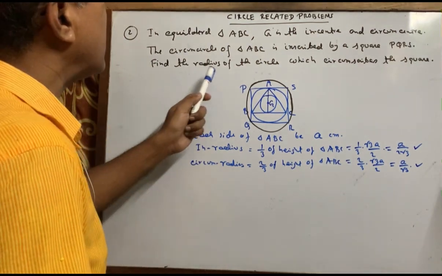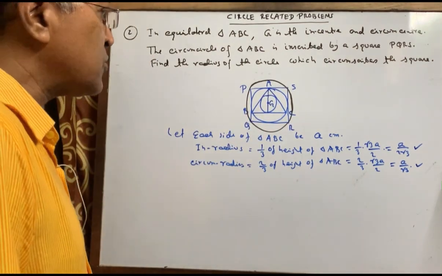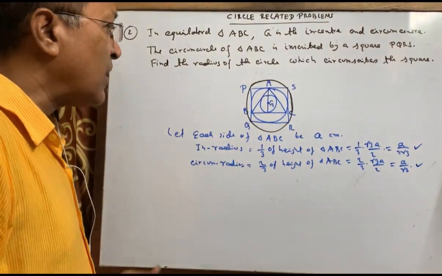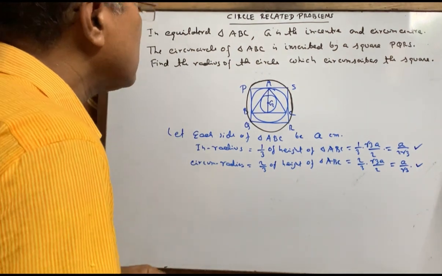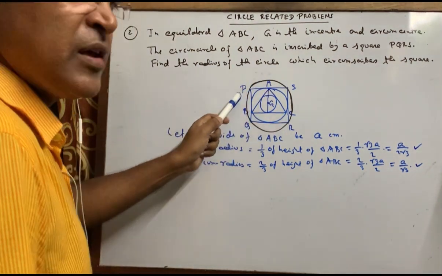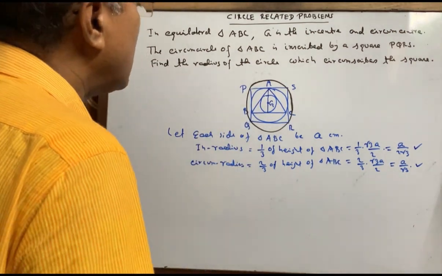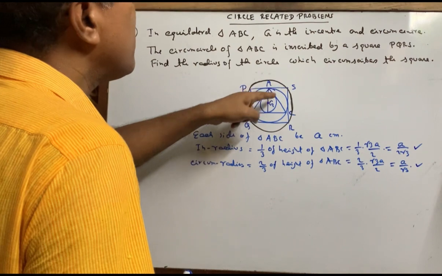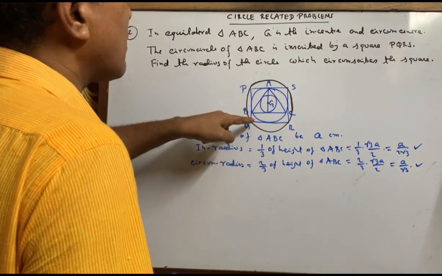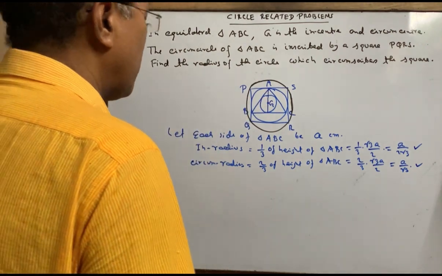Then we have to find the radius of circle which circumscribes the square again. So all of you know very well that in case of circumcircle, here it is shown in black, the diameter of circumcircle is equal to diagonal of square.